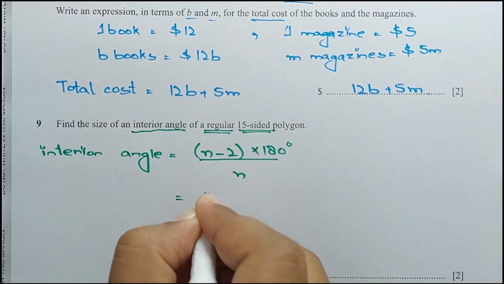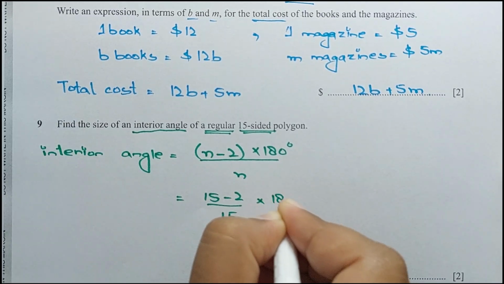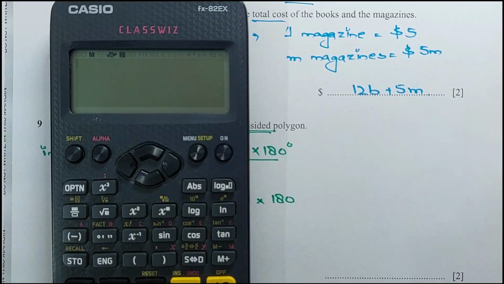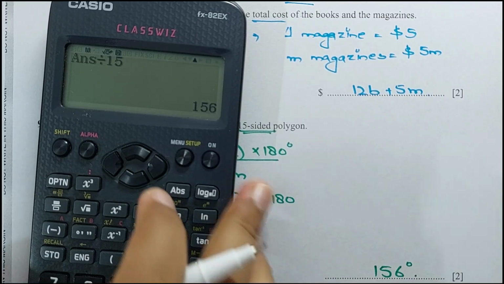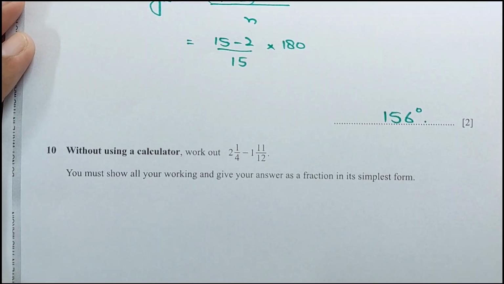Since the number of sides is 15, so 15 take away 2 over 15 and times it by 180. From 15, if you take away 2, it becomes 13 times 180 divided by 15, which is 156. That is each interior angle of a 15-sided regular polygon.